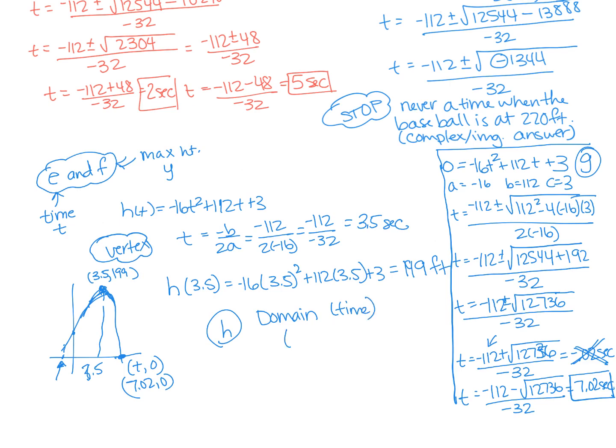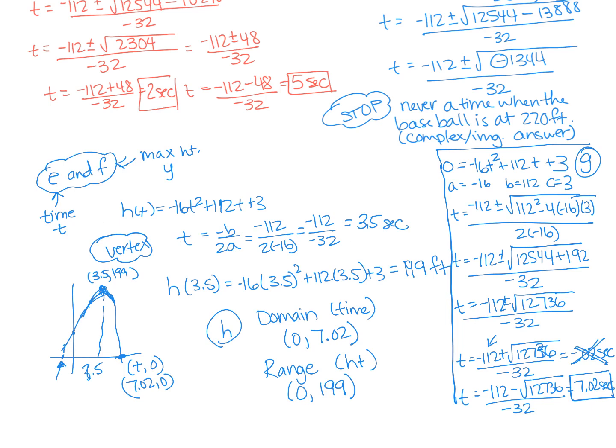Well, my time ranges from 0 to when it hits the ground at 7.02 seconds. And my range for this real life problem is really just the heights. So the heights of my baseball range from when it hits the ground, its lowest height, to 199 feet, its highest height.